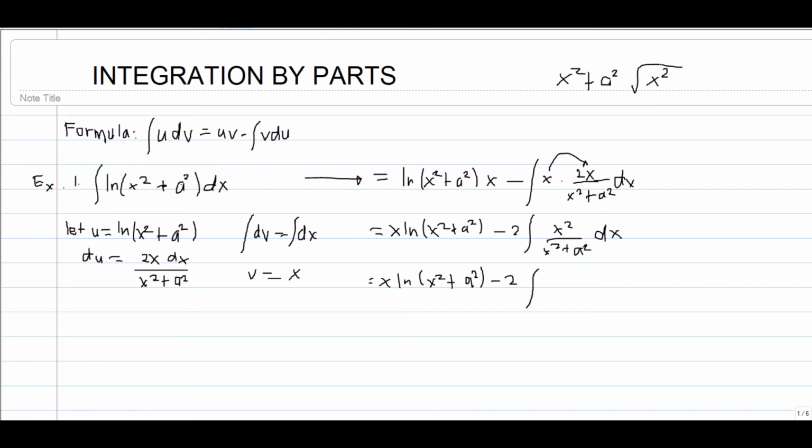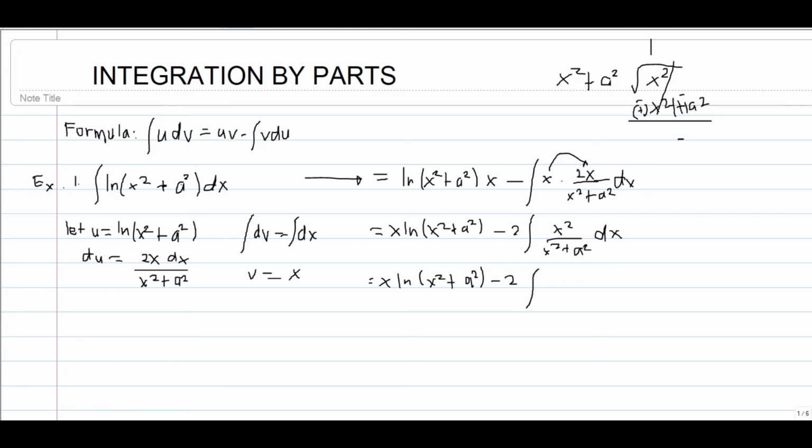We have 1 here, then x squared plus e squared; we change the signs, and we can now cancel x squared.